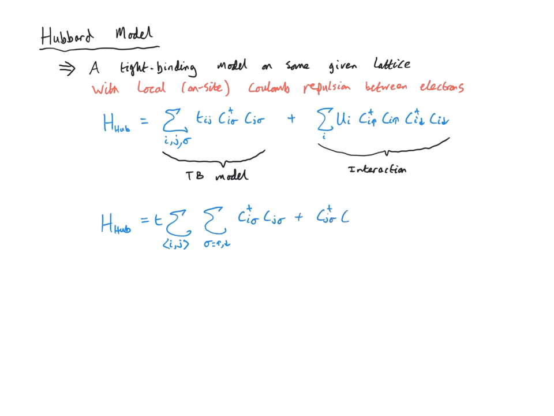And I'll write out explicitly the Hermitian conjugate terms here. And then I have an interaction which, as I mentioned, is something that's constant, independent of different lattice sites. And so that's actually the model in the end that we will study.